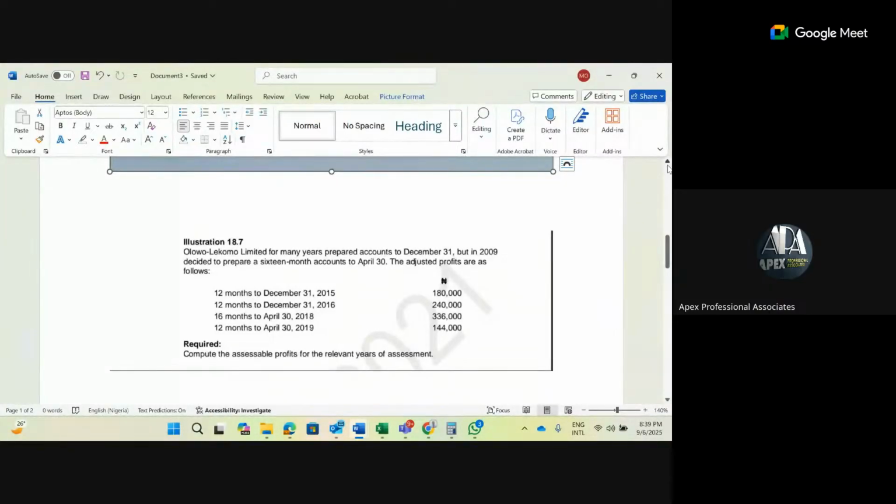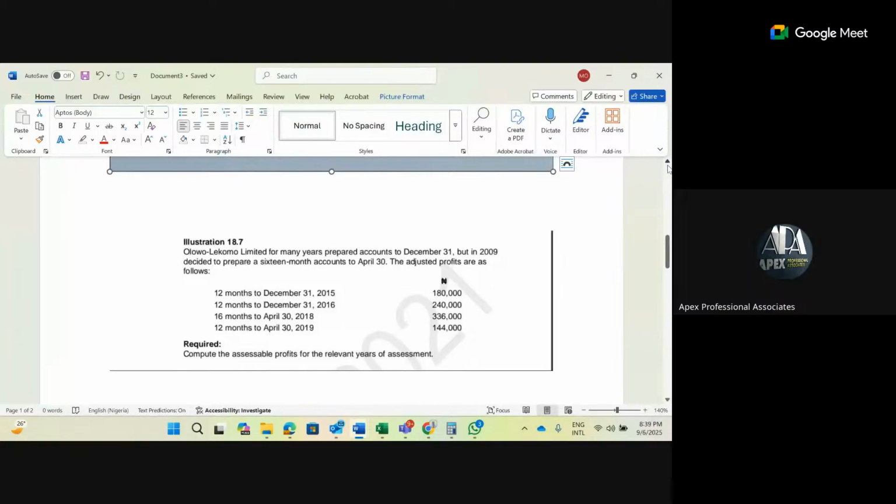Olowole Komo Limited for many years prepared accounts to December 31. But in 2009, it decided to prepare a 16-month account, to April 30. The adjusted profit is as follows.